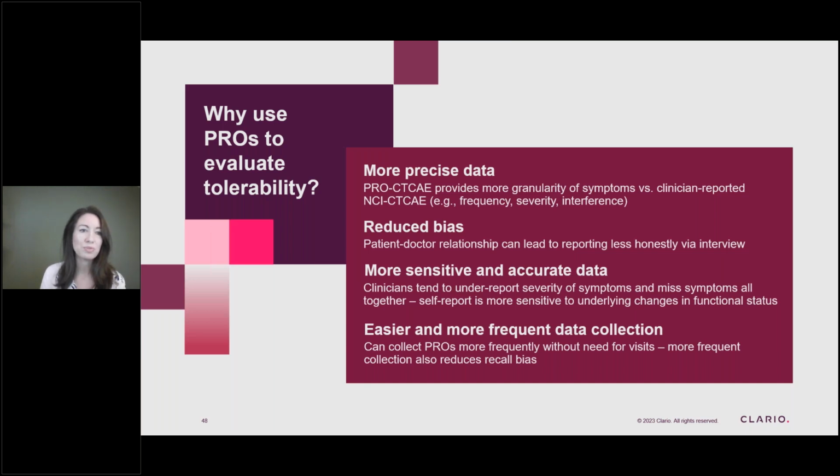It's a way to make sure that you're submission ready, because the expectation from FDA is that they want to see PRO data, and many drug approvals are based on non-phase 3, earlier phase drug trials. So it's important to incorporate the PROs early in drug development. And then finally, incorporating PROs early allows you to have that enhanced assessment of tolerability.